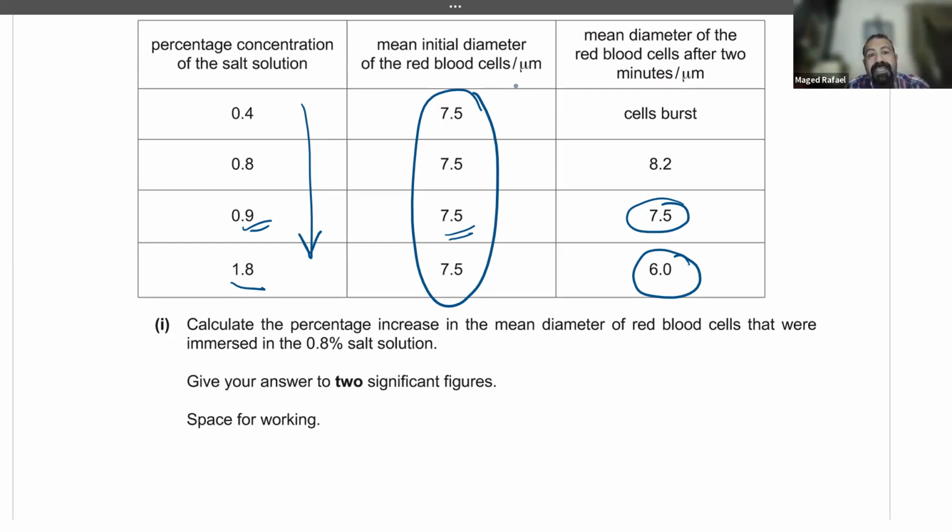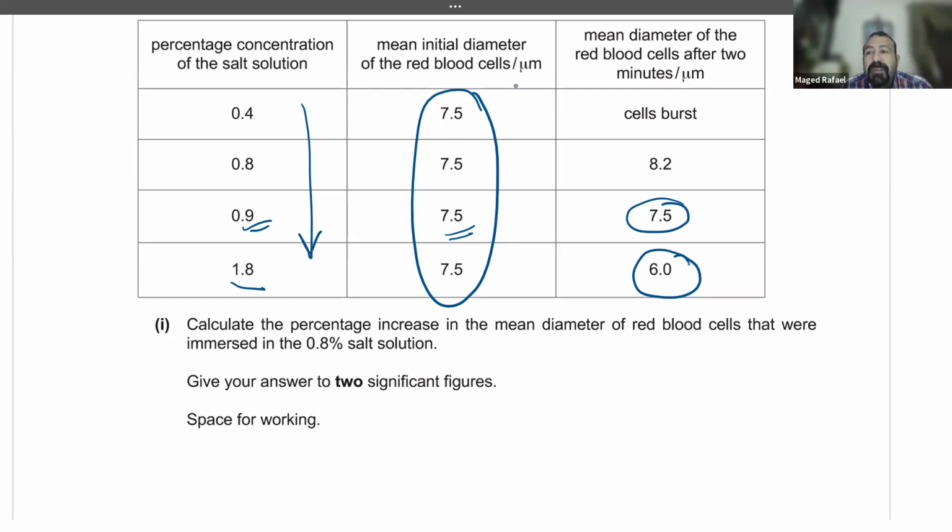When the concentration of the salt increases, this means water decreases. Again, when we have less salt, we have more water. When we have more salt, we have less water.